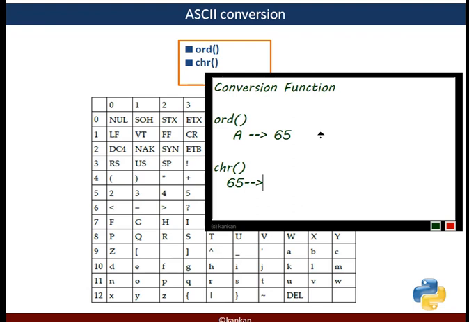So what is the equivalent character of the value 65 in the ASCII table? That is A. That means we pass a numeric value and it will generate an ASCII character.